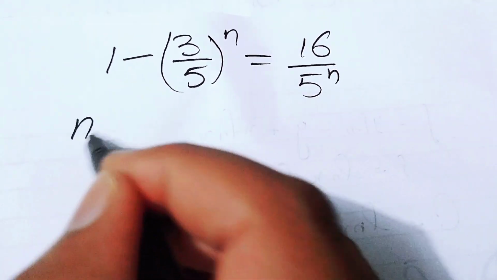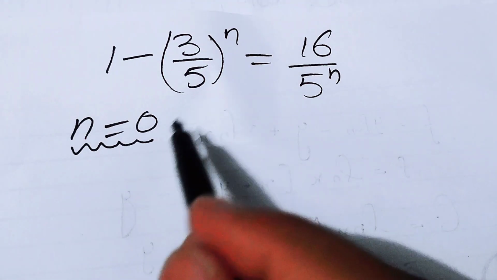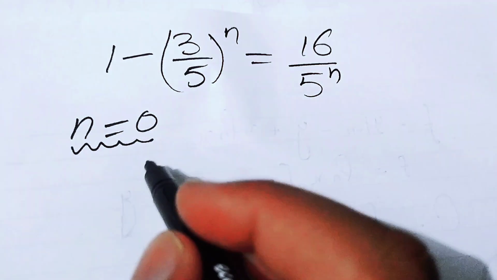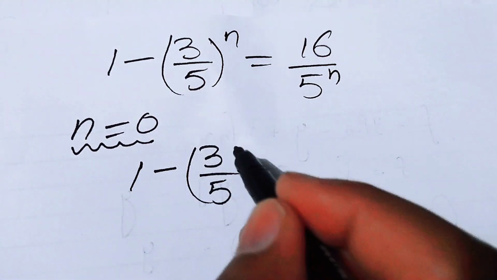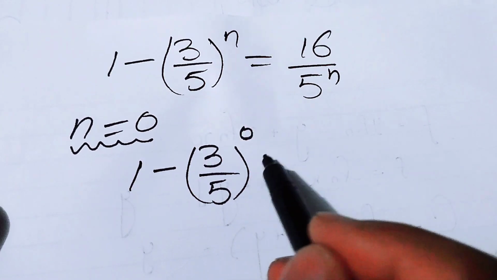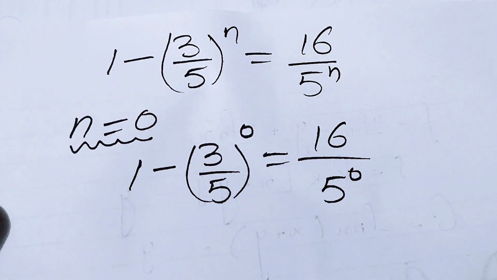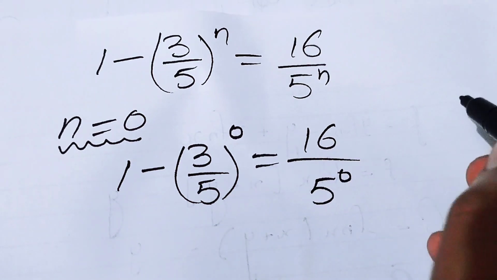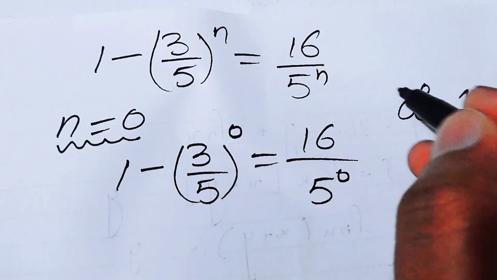So first I can check at n is equal to 0. When you put n is equal to 0 on both sides, you get 1 minus (3/5)^0 is equal to 16/5^0. And you know that any number whose power is 0 is equal to 1.